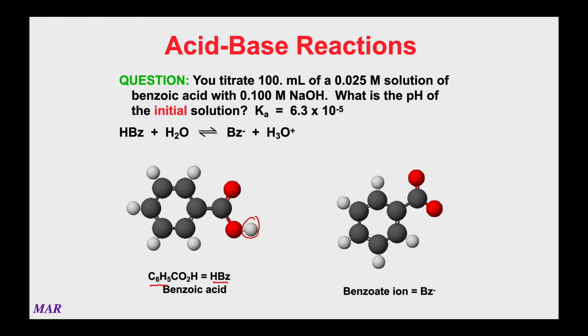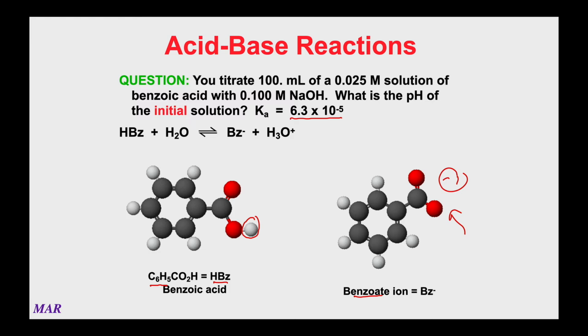The hydrogens on the benzene ring usually don't come off very easily. Anyway, benzoic acid has its own Ka value, 6.3 times 10 to the minus 5. It reacts with water and makes the benzoate ion. Notice that the H plus is missing, so this has a -1 charge now, and also some hydronium. We're going to titrate this benzoic acid with 0.100 molar sodium hydroxide.